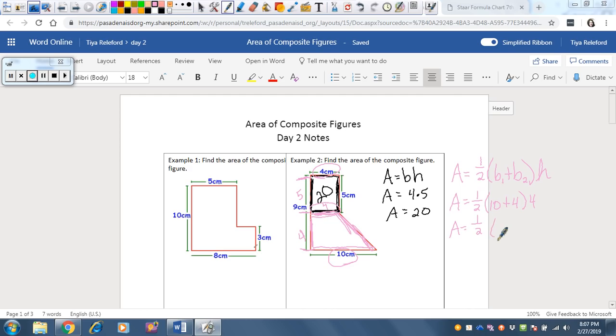GEMDOS says to do the parentheses first. 10 plus 4 is 14. And remember, multiplying by 1/2 is the same as dividing by 2. So I'm going to multiply 4 and 1/2 first. So 4 times 1/2 is 2.